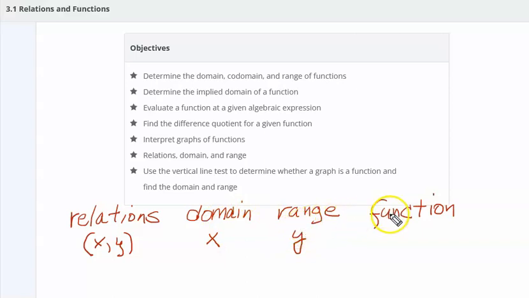Now, function. This in a very simplified form is that in a relation, if the X element is only used once, then what you're looking at is referred to mathematically as a function.